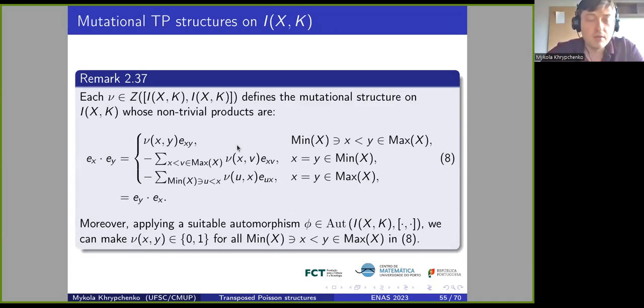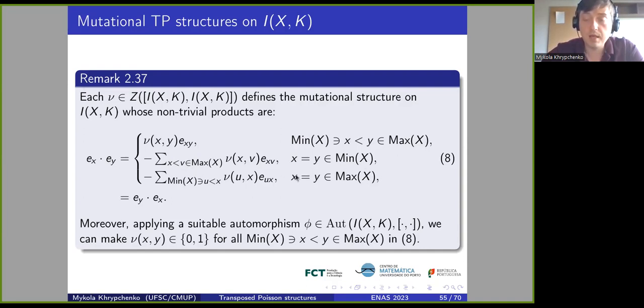Regarding the mutational TP structures, you fix one element ν of the center of the square, and it gives you mutational structures of the following form. Again, you have multiplications of basis elements belonging to the diagonal subalgebra. Now you have the product ν_xy e_xy whenever x is minimal, y is maximal, and x is less than y. If the two elements are minimal and coincide, you have the following sum corresponding to all the maximal elements greater than x.